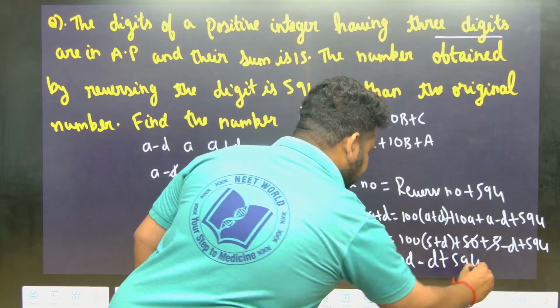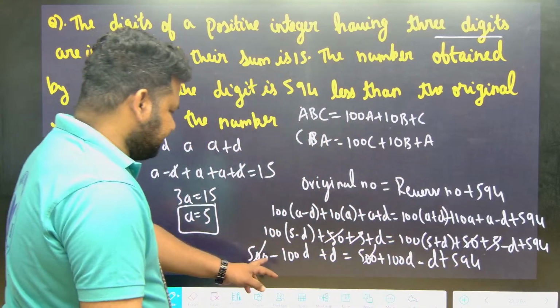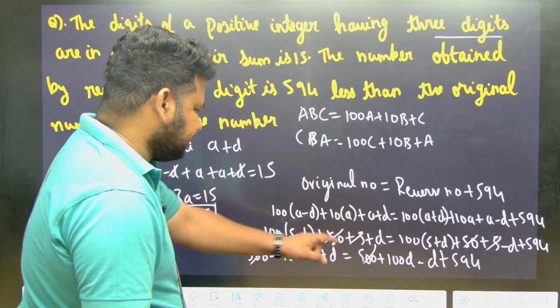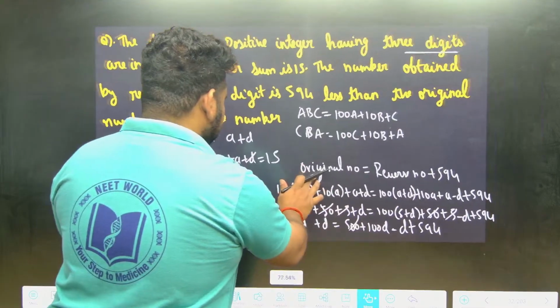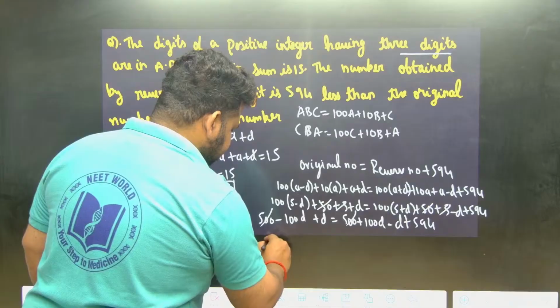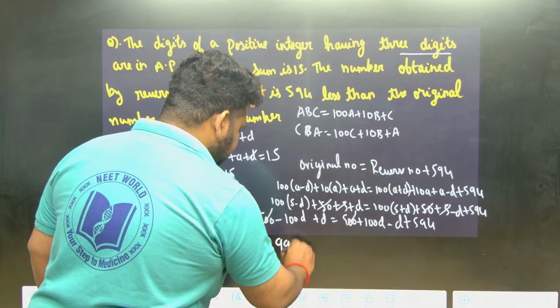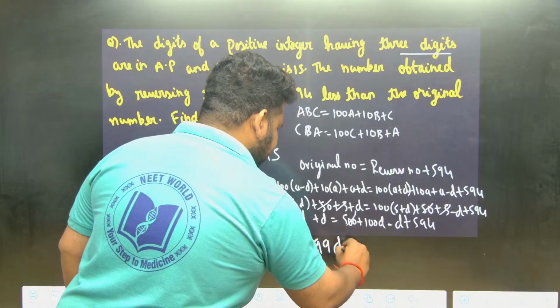This is what I am having. Further plus 500 I can cancel. Here I am having minus 99d, here plus 99d. On simplifying I am getting minus 99d equals plus 99d plus 594.